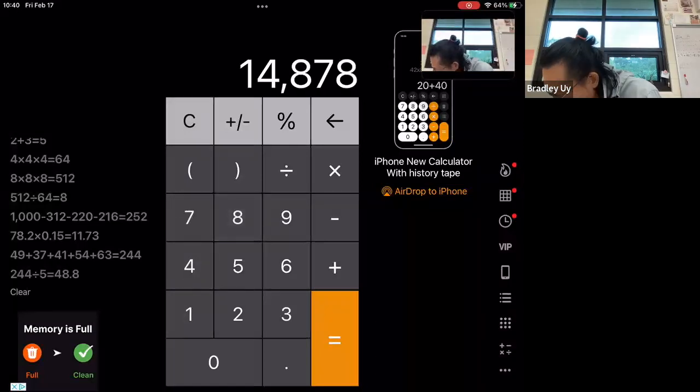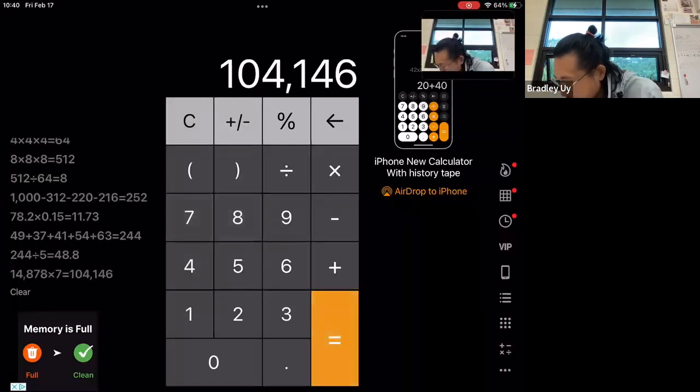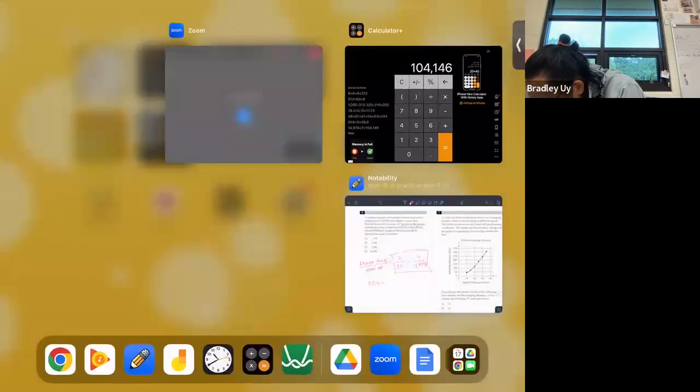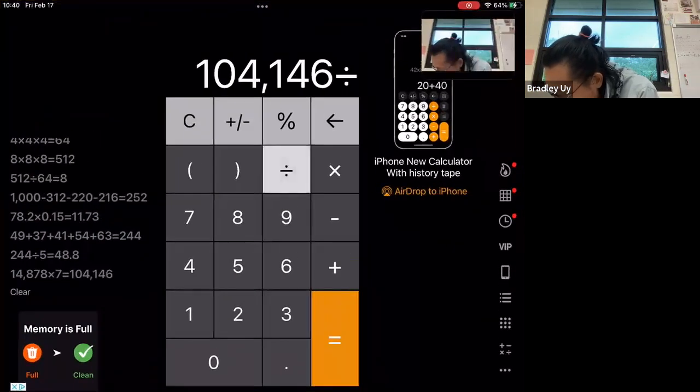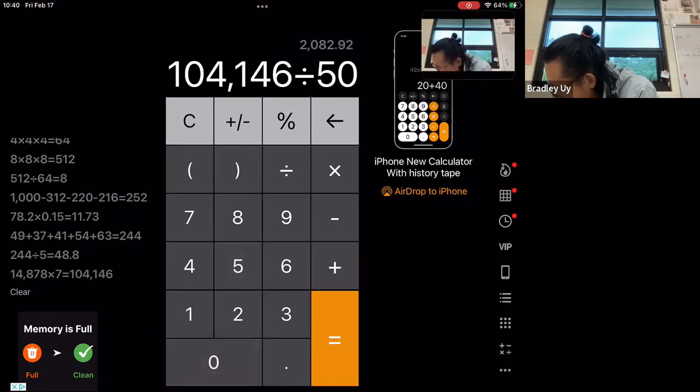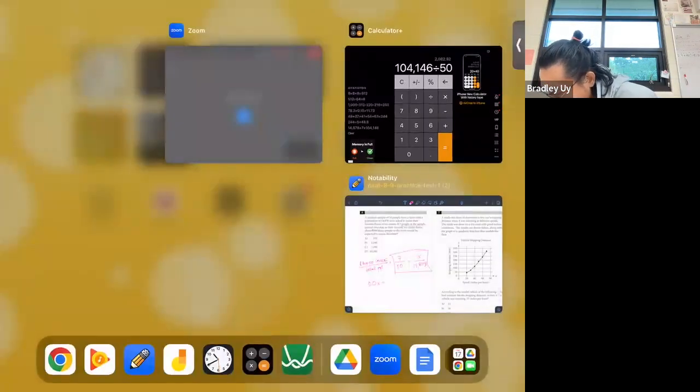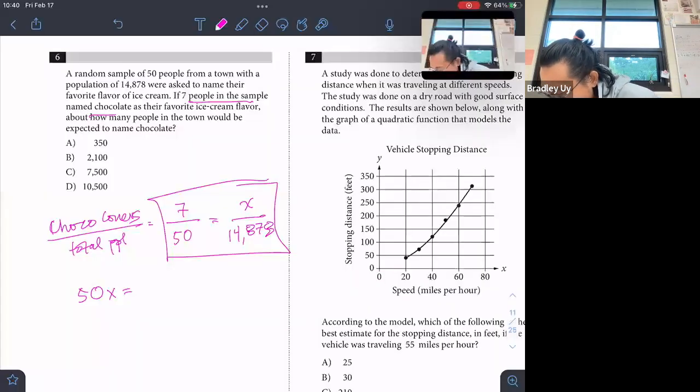That will give us a whopping 104,146. I remember I need to divide by 50 because that was 50x, and I will divide by 50 while I'm on the screen, and that will give me 2,082.92 people.